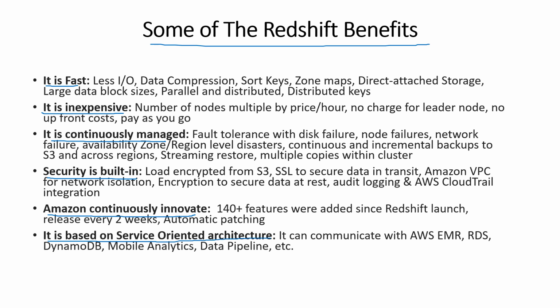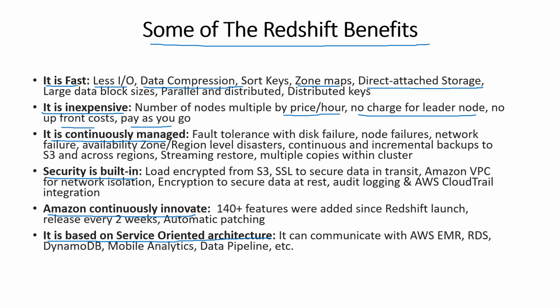It's fast because there is less I/O, there is data compression, we have the concept of zone maps, and direct attached storage. It's inexpensive: number of nodes multiplied by price per hour is not that expensive. There is no charge for the leader node and no upfront cost, and it is pay as you go.